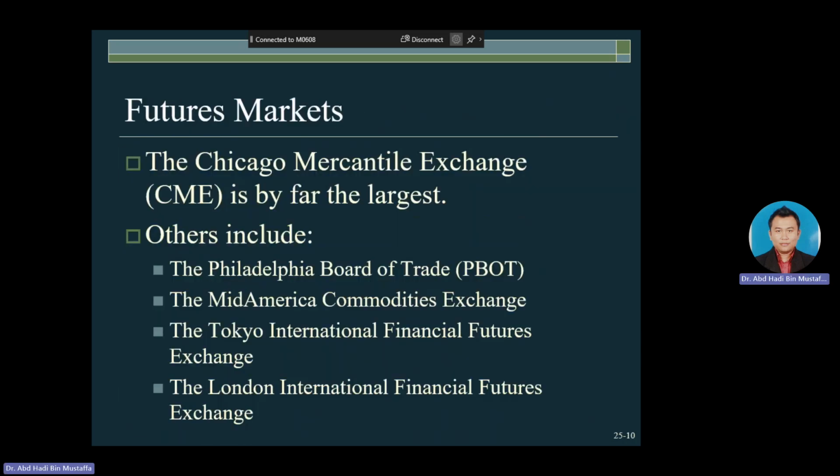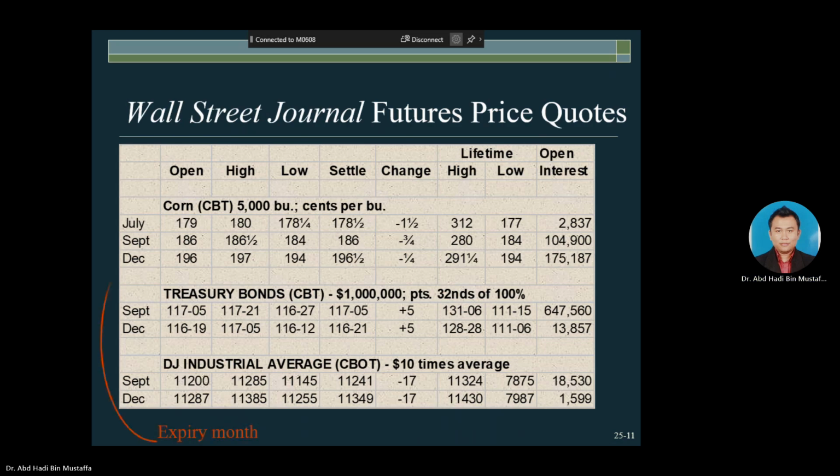I'm not going for this one because in the textbook dia pakai Chicago Mercantile Exchange, but in Malaysia we use Bursa Malaysia Derivatives Berhad. So I'm not going to go for this futures market because ini international.